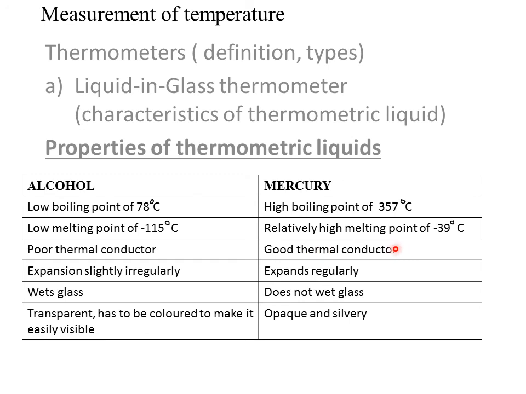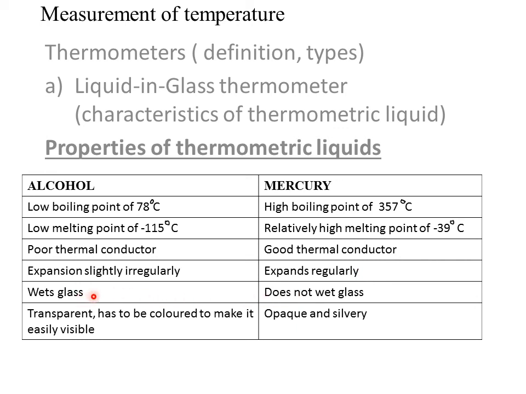That means that mercury will always expand and contract uniformly and with a wide range, even with small changes in temperature. Alcohol expands slightly irregularly, but mercury expands regularly. Remember, we've said that one of the properties of a thermometric liquid is that it should expand and contract uniformly.